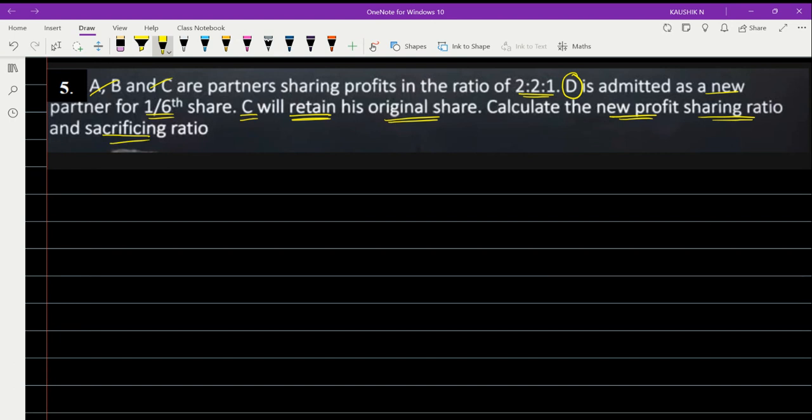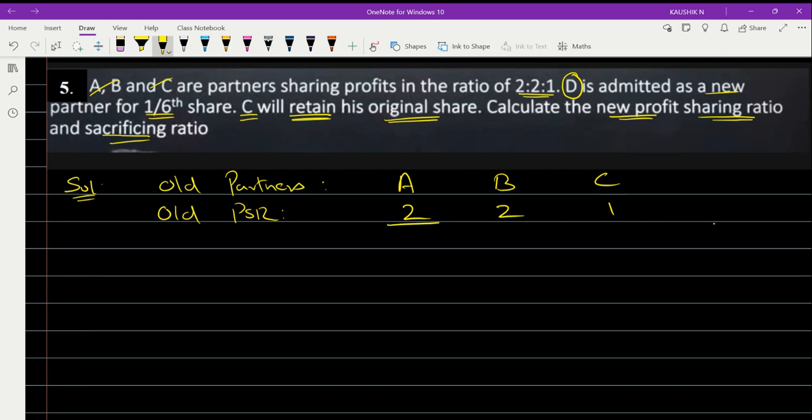So here it is a very peculiar case where you have got the old partners. Who are the old partners as per the problem? Old partners are partner A, partner B, partner C. What is their old PSR? It is given as 2 is to 2 is to 1. That means 2 by 5, 2 by 5, and 1 by 5.